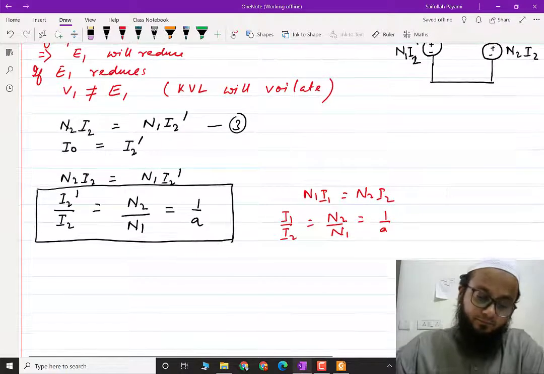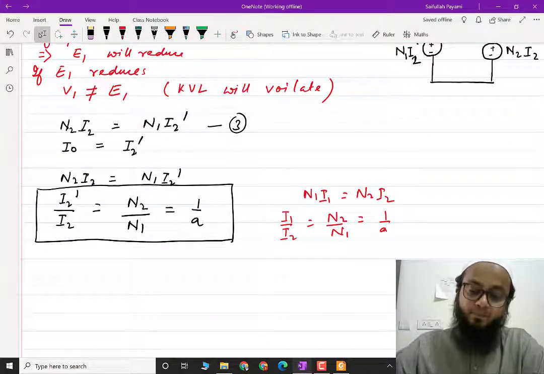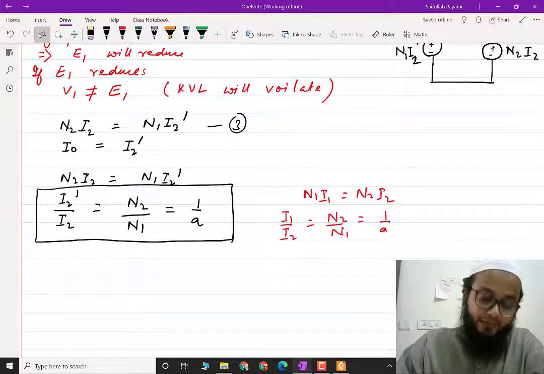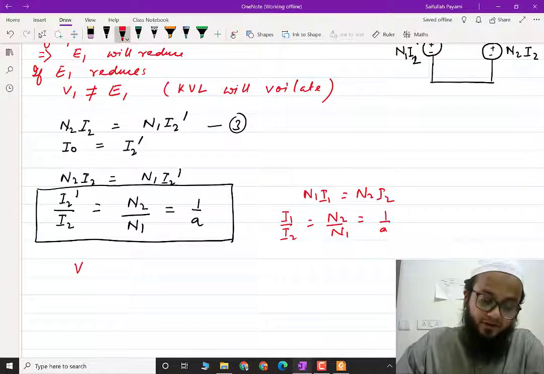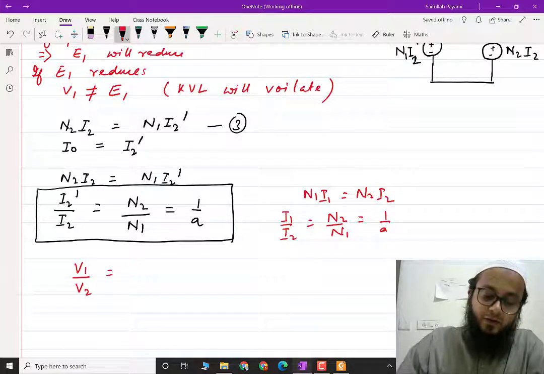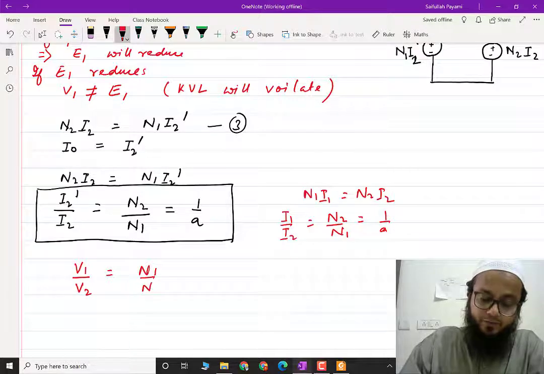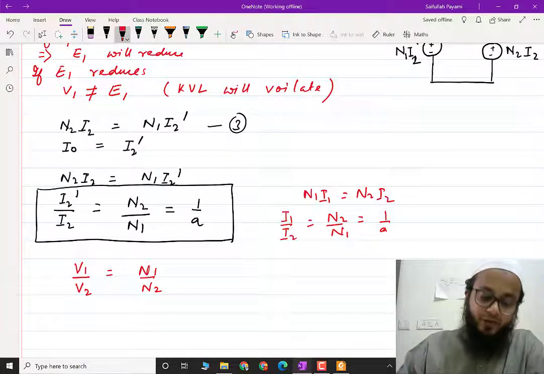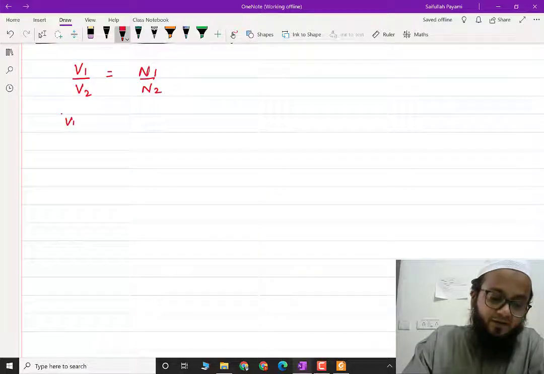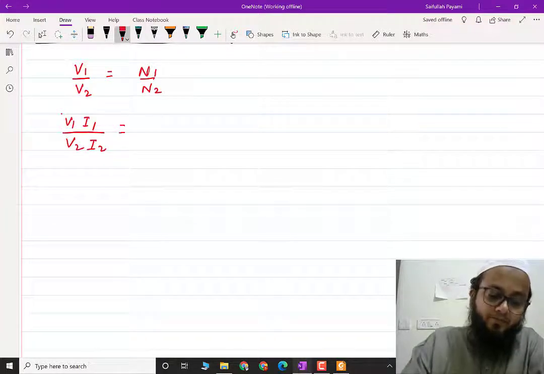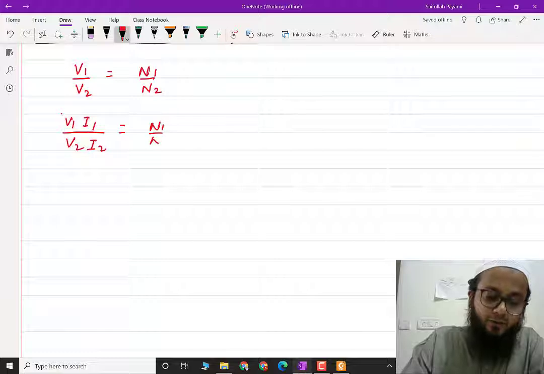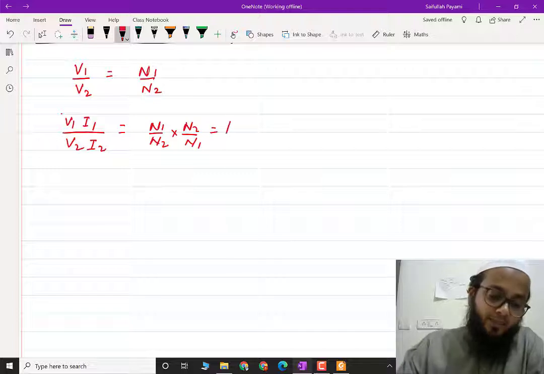And we know that V1 by V2 is equal to N1 by N2. So multiplying these two expressions, what you can write is V1 I1 upon V2 I2 is equal to N1 by N2 into N2 by N1, which is equal to 1.